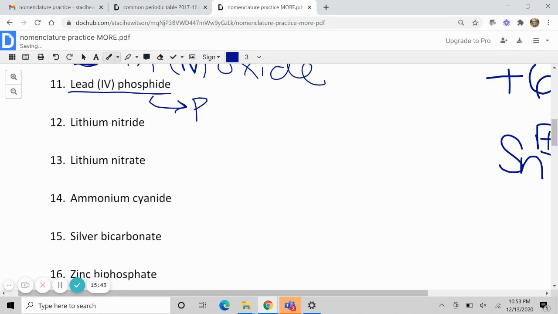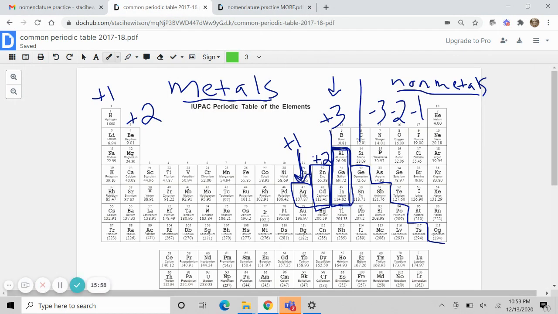So lead is Pb. Its charge is 4. It tells me right there. How do I know it's positive 4? Because metal's always positive. And then phosphide is just phosphorus. It's just ide, so it's just the element phosphorus. Phosphorus has a charge of -3 on the periodic table.